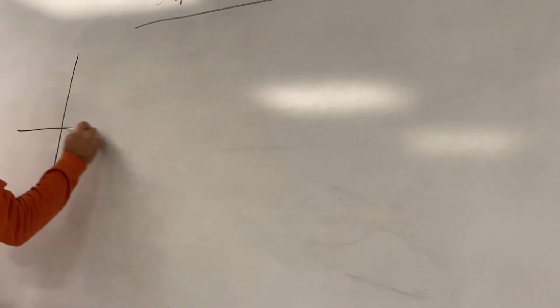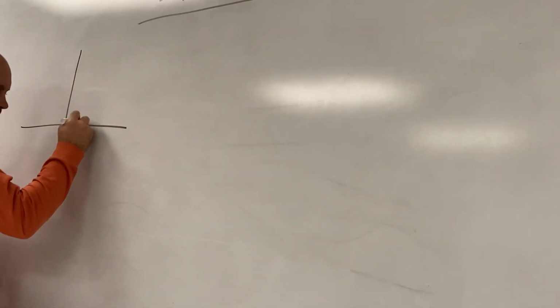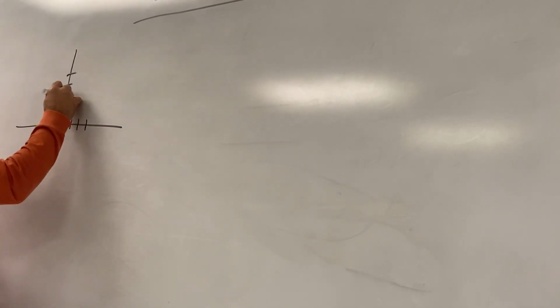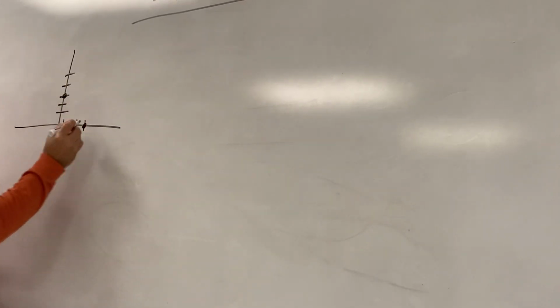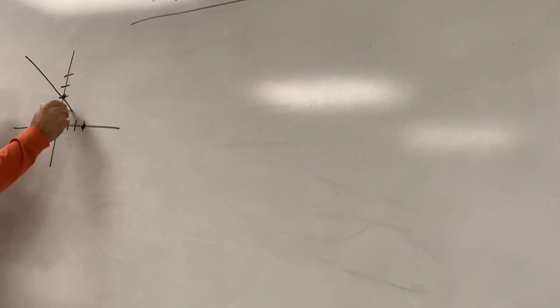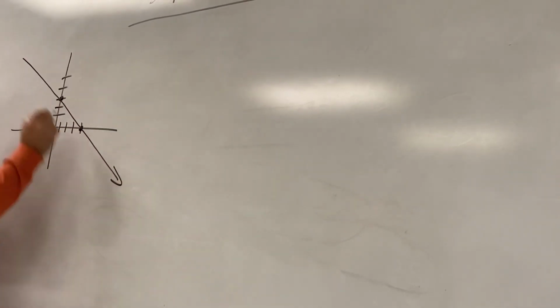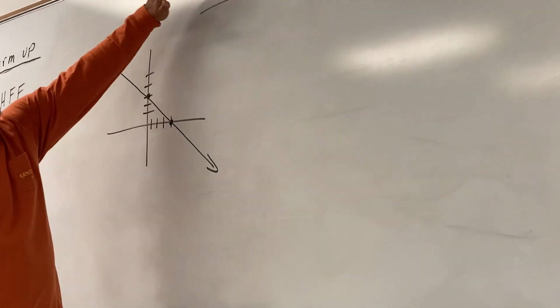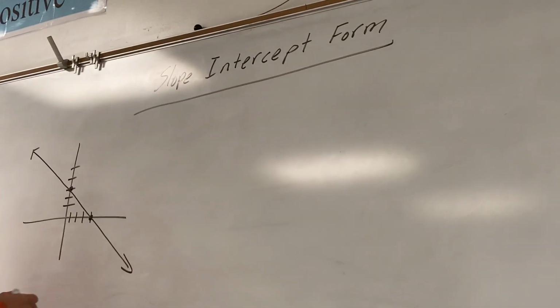Let's start off with a graph. And we'll make it easy. Let's say we have a line that goes here. And they ask me to write the equation of the line in slope-intercept form.